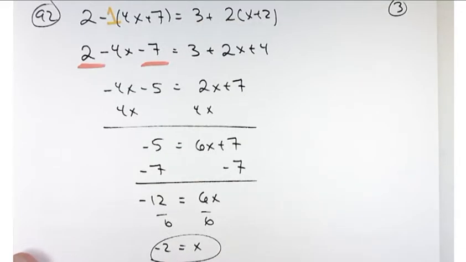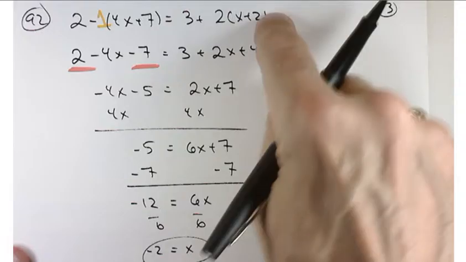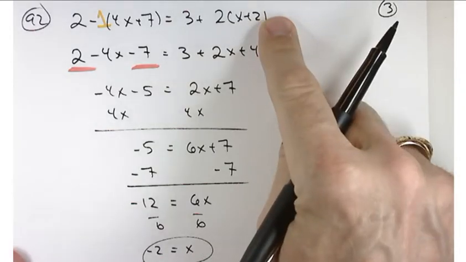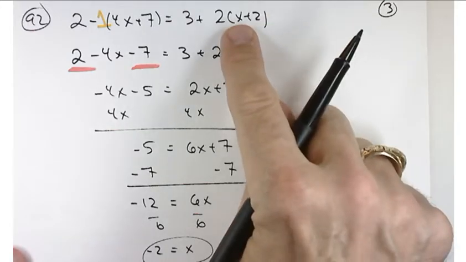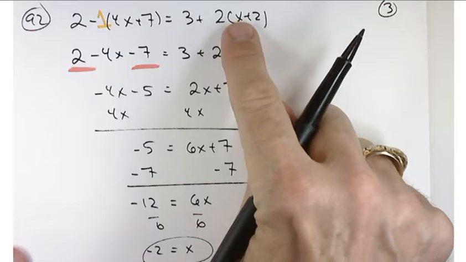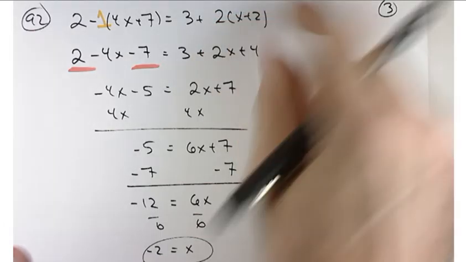How could I check it? Yeah, I could plug it back into the original equation, all the way back up here, and see that it works. And actually, it's not too bad. If I plug in a negative 2 for x, what's negative 2 plus 2? 0. And 0 times 2 is 0.